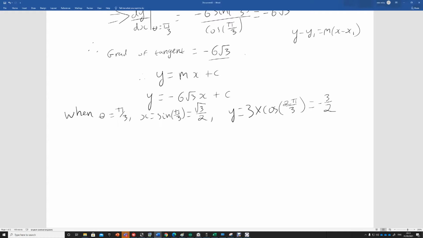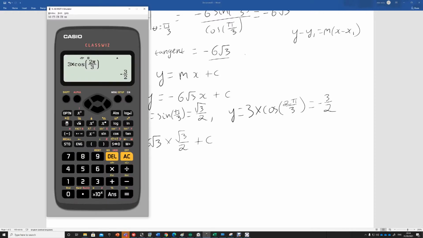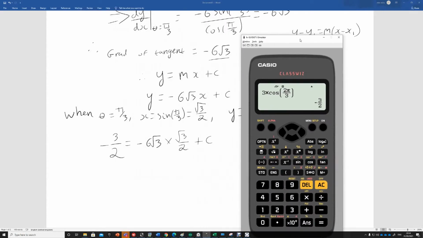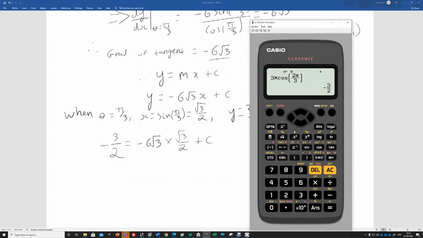I can substitute those in carefully into the equation of the tangent. So I have minus 3 over 2 is equal to minus 6 root 3 times root 3 over 2 plus c. And obviously my objective now is to get c. You could just put the numerical expression on the right into a calculator nowadays and it would work.